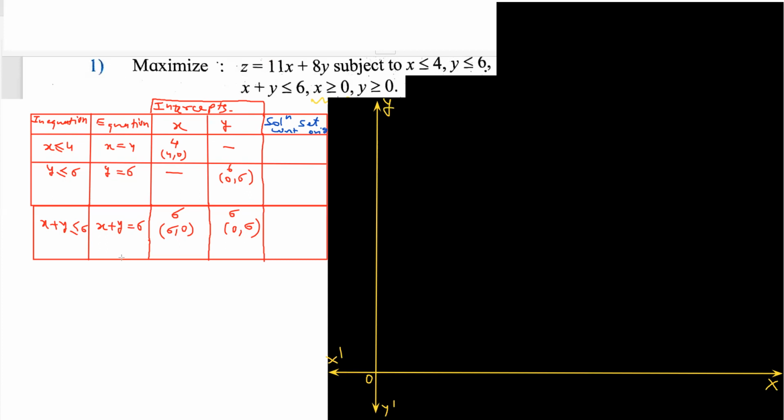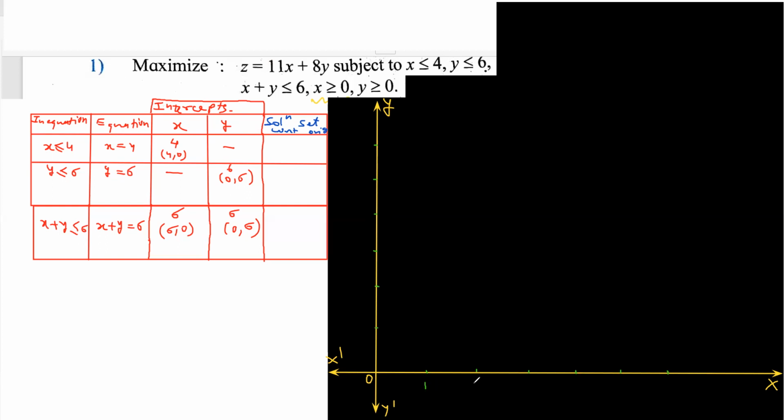As you know, I'll take here 1, 2, 3, 4, 5, and 6. And similarly on the other axis, 1, 2, 3, 4, 5, and 6.